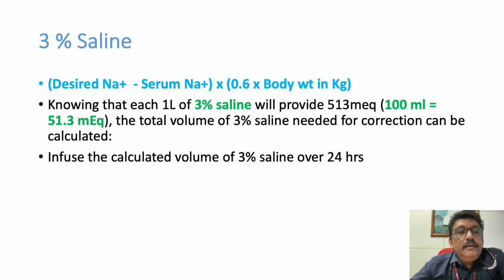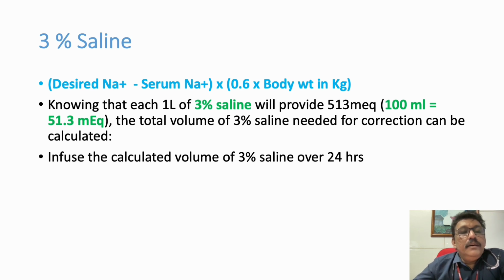Now 3% saline we can give in a patient who is having hyponatremia that is not getting corrected with traditional methods like oral salt, normal saline, water restriction, all these things. If the patient is still symptomatic, then we can give 3% saline. But before that, we have to calculate the sodium deficit in the patient: desired sodium minus patient's serum sodium, into 0.6 into body weight in kg.